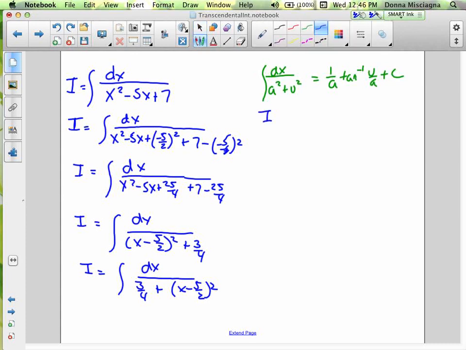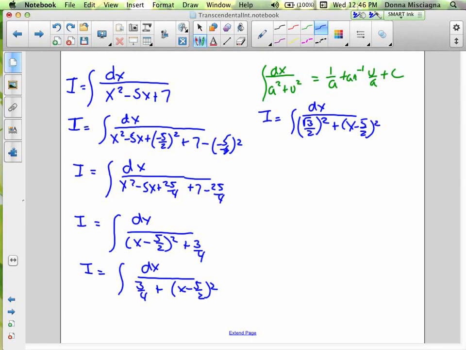So I equals the integral dx over, and the square root of 3 halves squared would be 3 fourths. Right? You square the square root of 3, you get 3, and you square the 2, you get 4, right? And then plus x minus 5 halves squared.